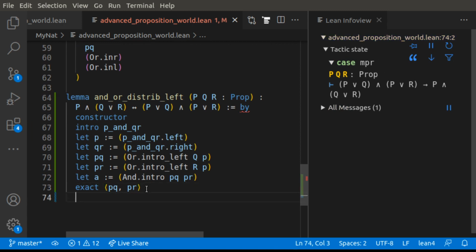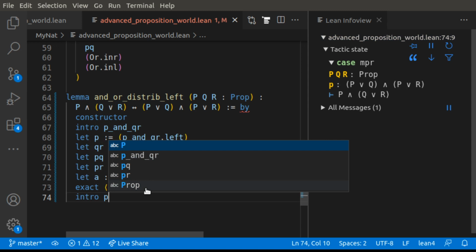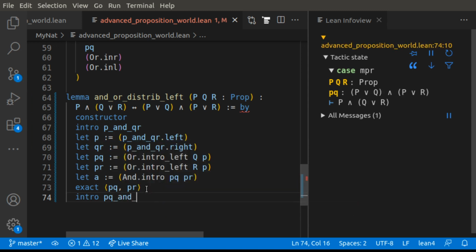I think our second case will be very similar. Let's see if we can do it a little shorter though. Okay. So now we need to prove P. Let's just intro P, Q, and PR.